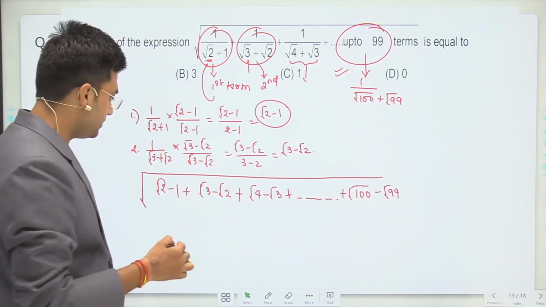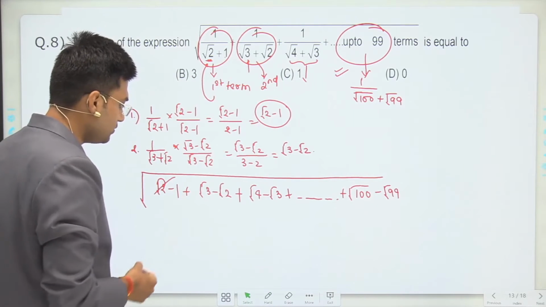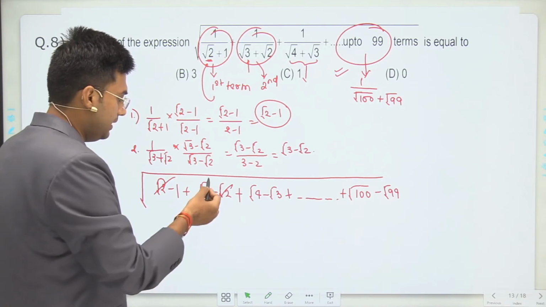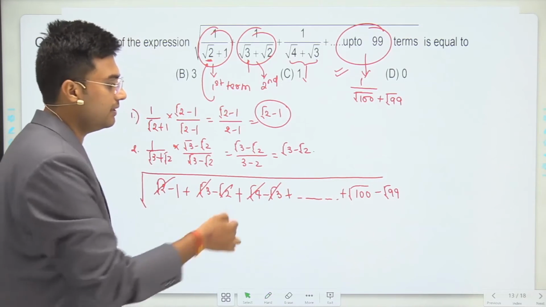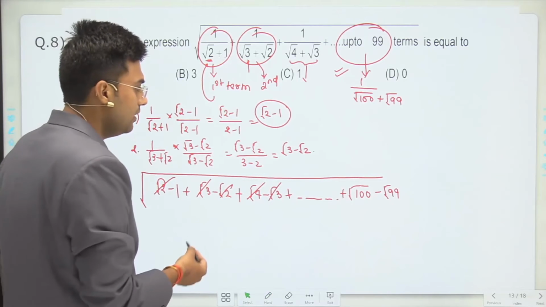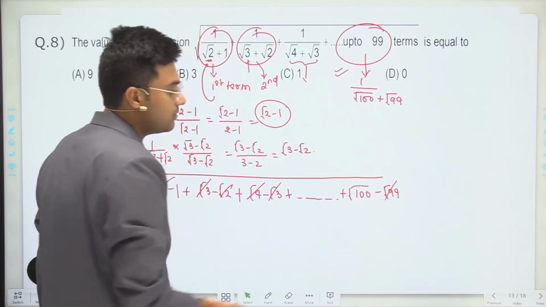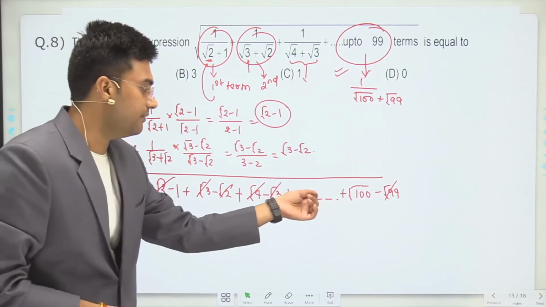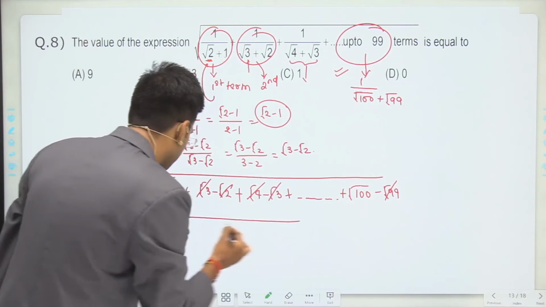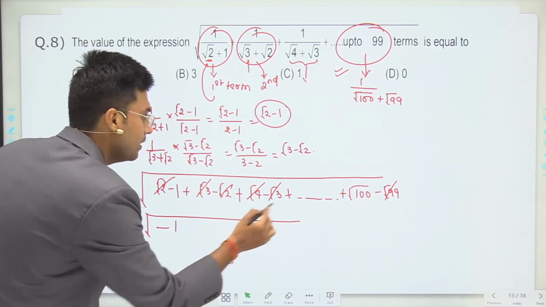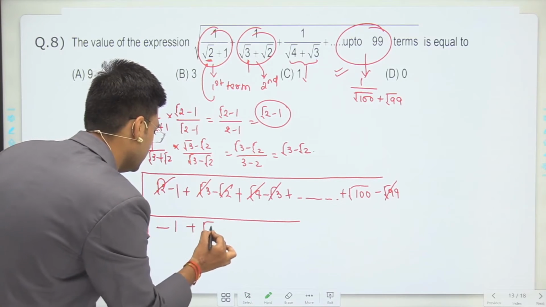Now dear students, we can cancel this root 2 by this root 2, and this root 3 by this root 3, and root 4 is also cancelled out by the next term, and this minus root 99 is also cancelled out by the previous term, and finally we have only minus 1 plus root 100.